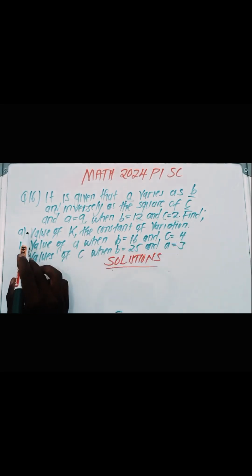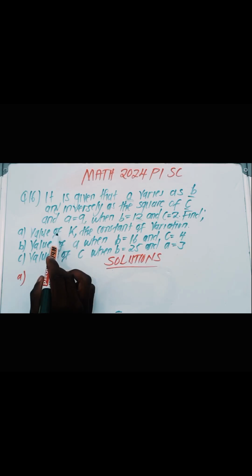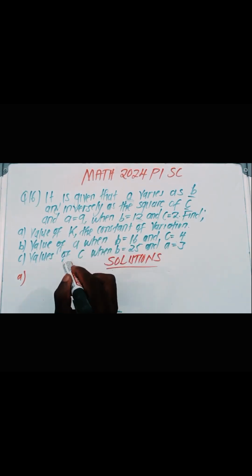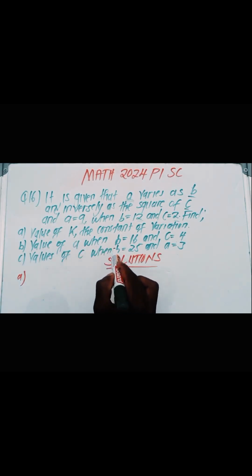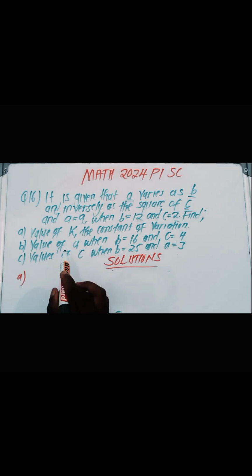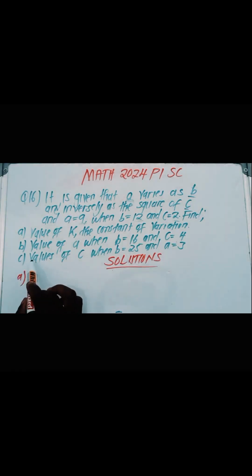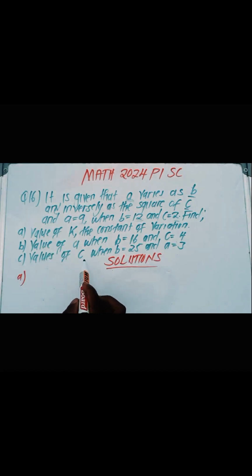A, find the value of K, the constant of variation. B, find the value of A when B is equal to 16 and C is equal to 4. And C, find the values of C when B is equal to 25 and A is equal to 3.